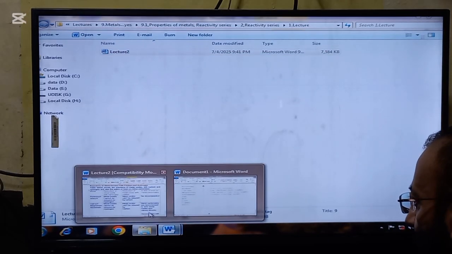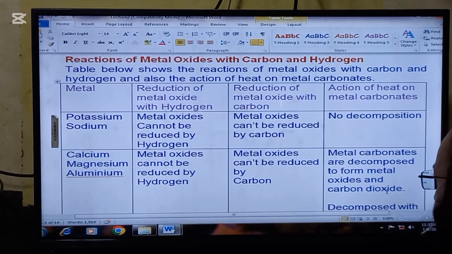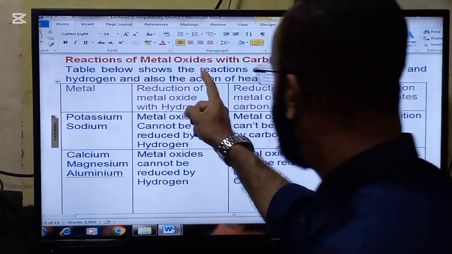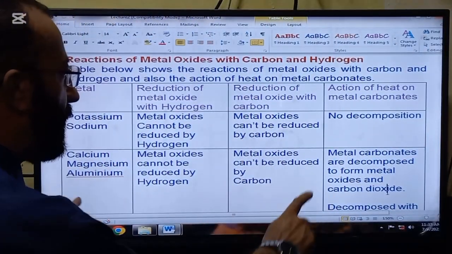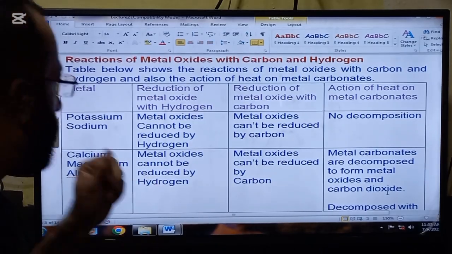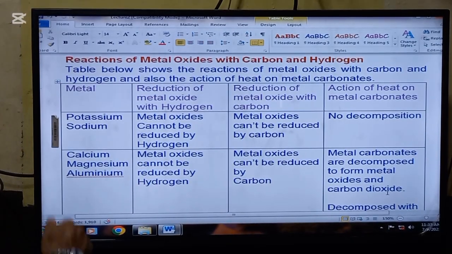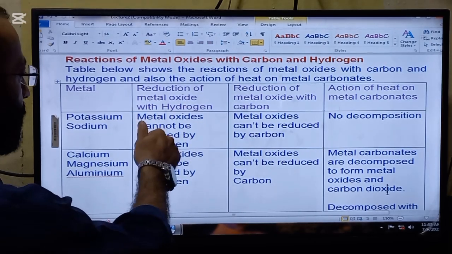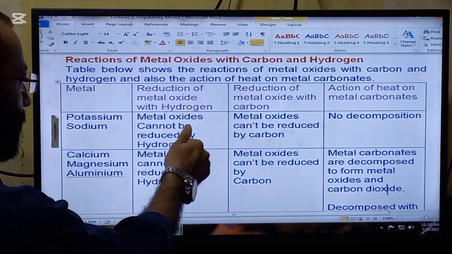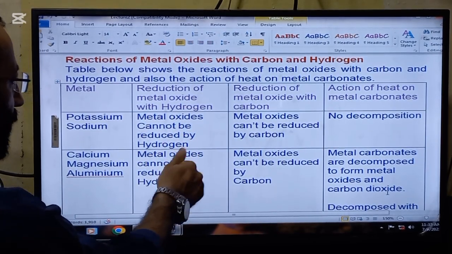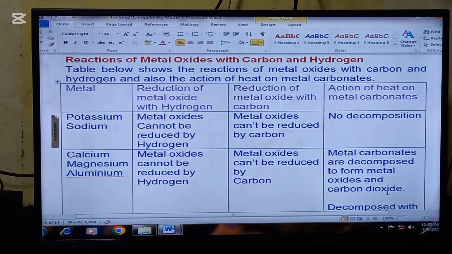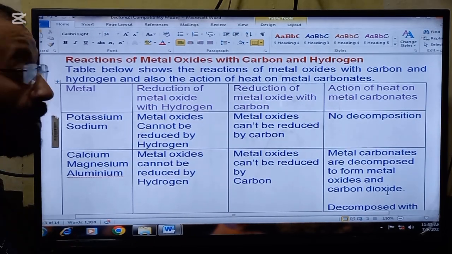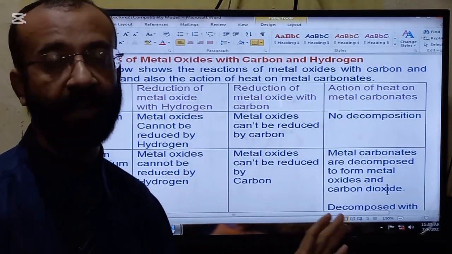But in this case, when reduction is involved, something different will happen. So concentrate. For potassium and sodium, reduction of the metal oxide with hydrogen: the metal oxides cannot be reduced by hydrogen.